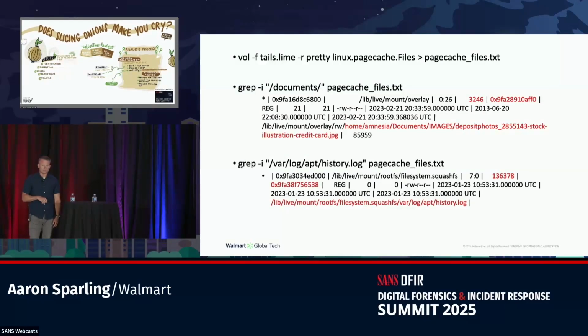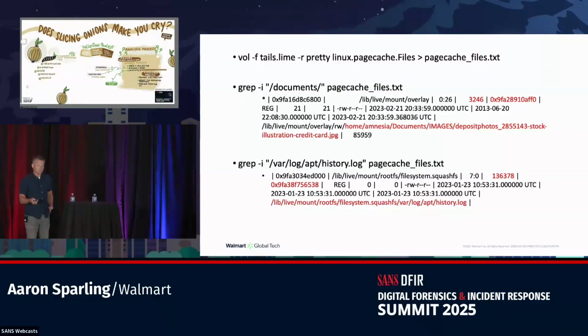All right. So instead of just grepping through it, I wrote it to a text file, and then I grepped that text file. So now I've got a master text file of every file object that's living in memory that I can potentially go and recover. Grep through it to your heart's content on those things that are important to you.